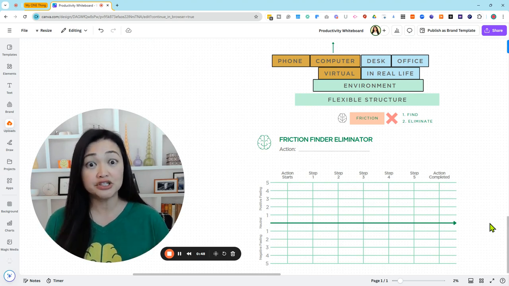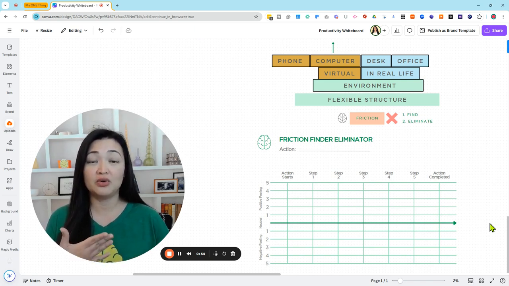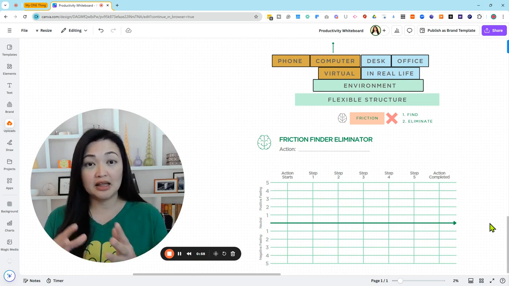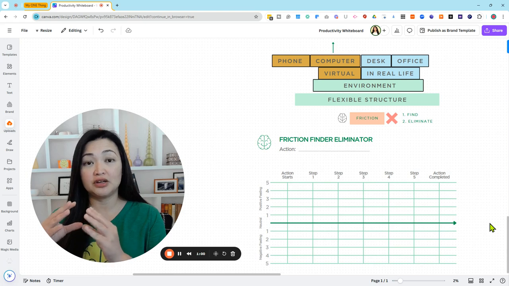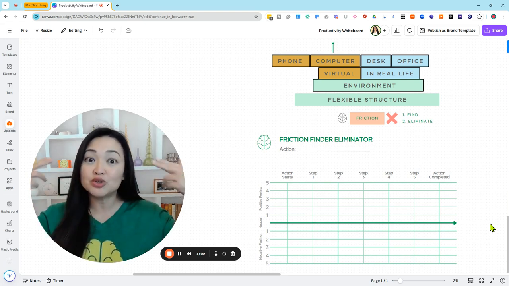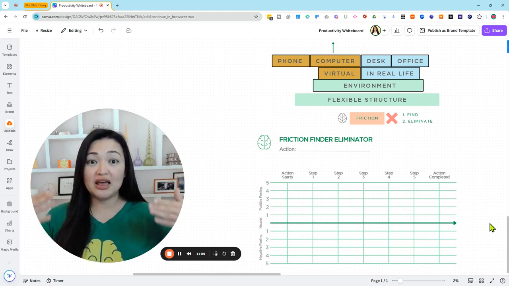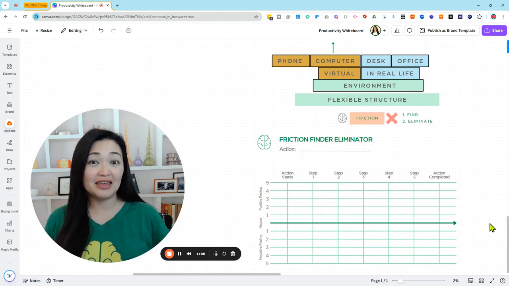We were not conditioned to think that way, to think of frictions as opposed to thinking of fuel, what would motivate us or what our intent is in doing something. That's why when we use the friction finder eliminator, we retrain our brain to think about friction and identify them, because finding them is key before you can eliminate them.